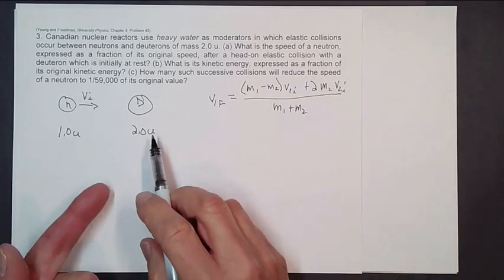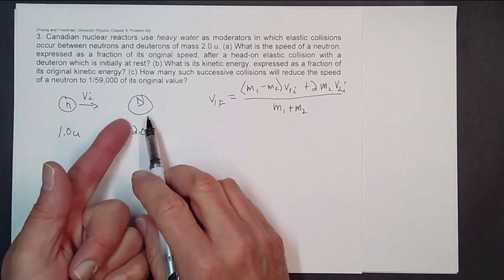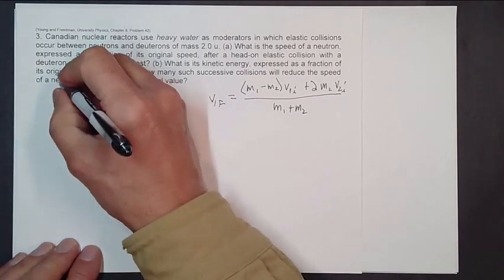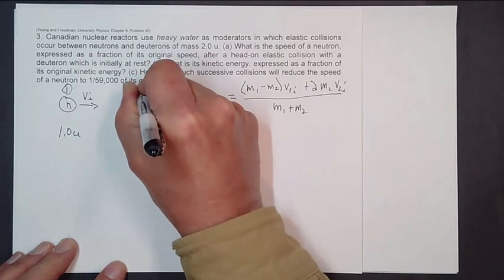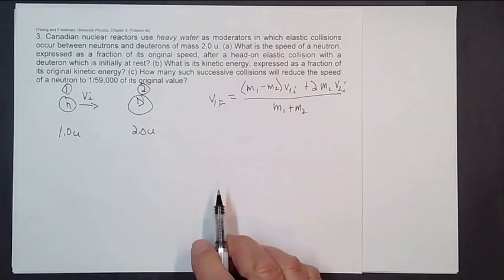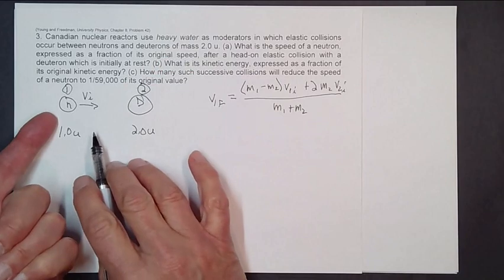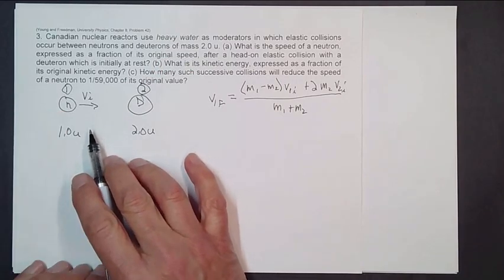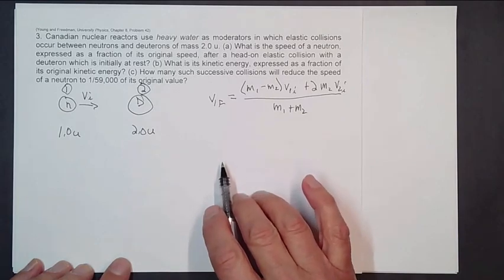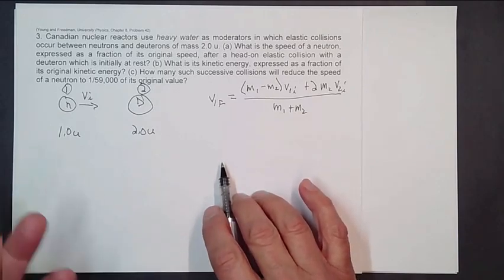We're looking at a special case where this could be object 1 and this is object 2. Object 2 is initially at rest, and object 1 is the fast-moving neutron that we want to get rid of the energy of and slow down quite a bit.